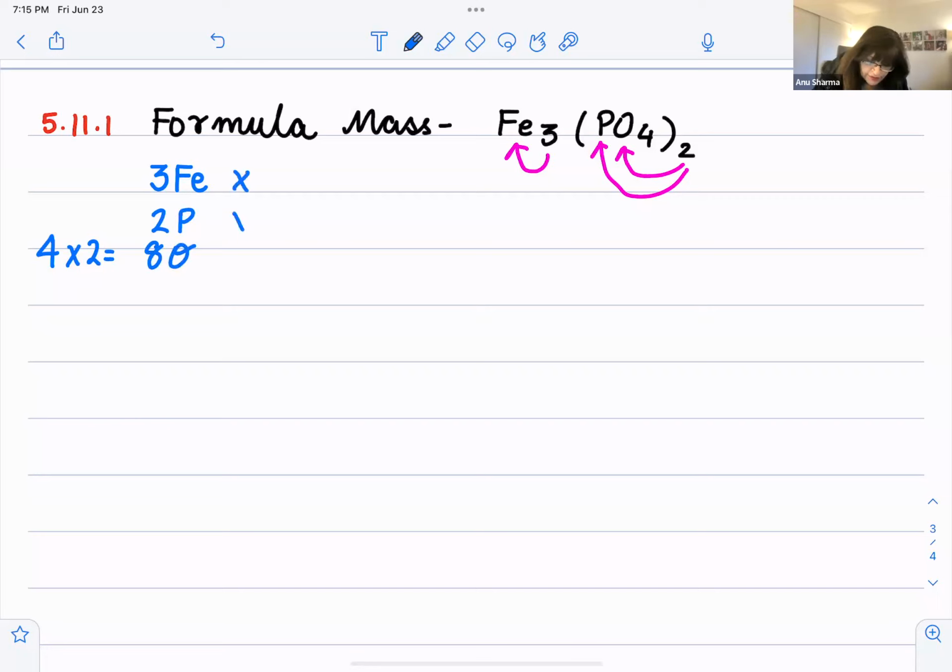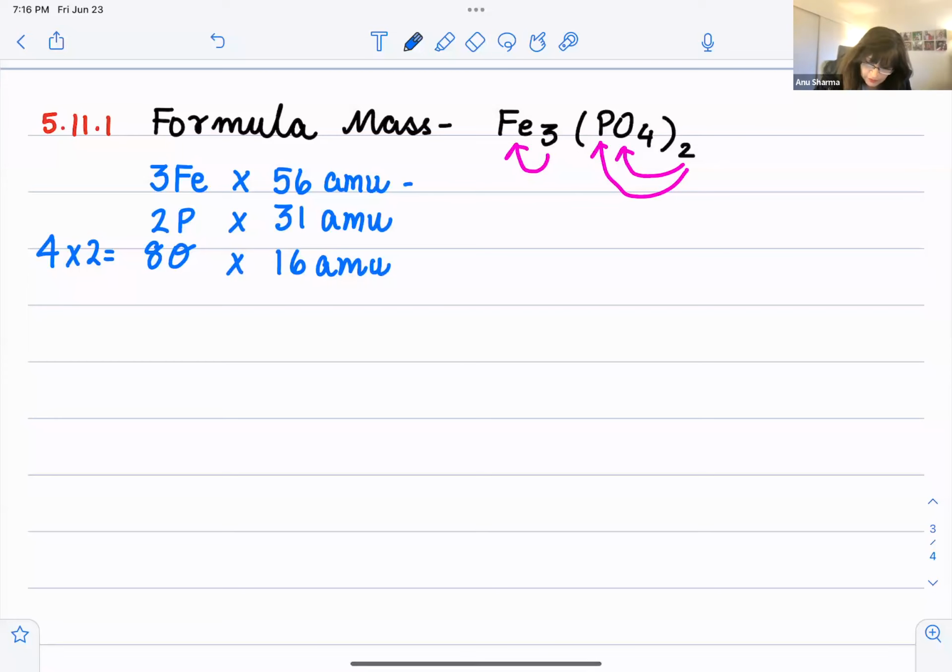Now you look in the periodic table and find the weight of iron. Iron is 56 atomic mass units, phosphorus is 31 atomic mass units, and oxygen is 16 atomic mass units, and it's okay to round.